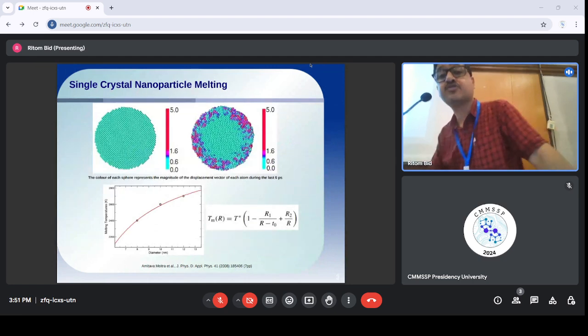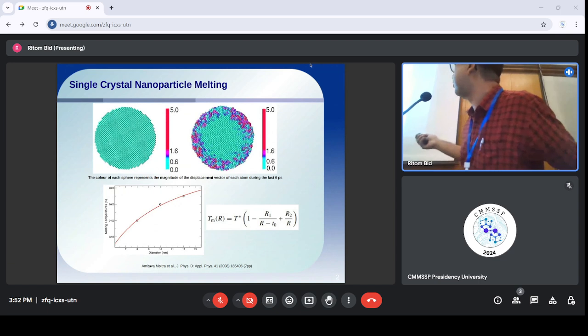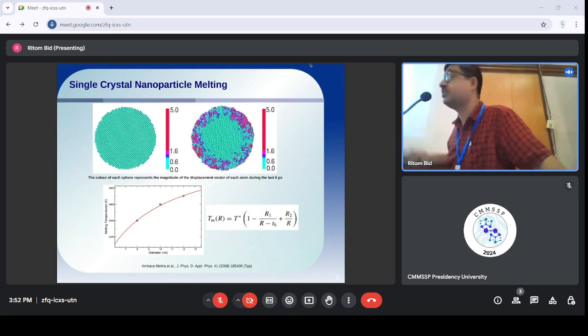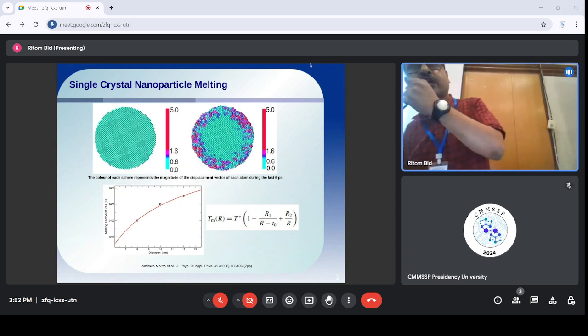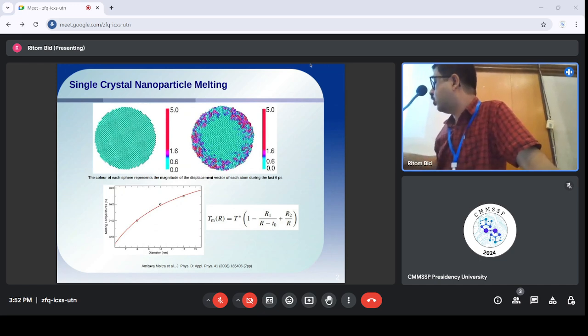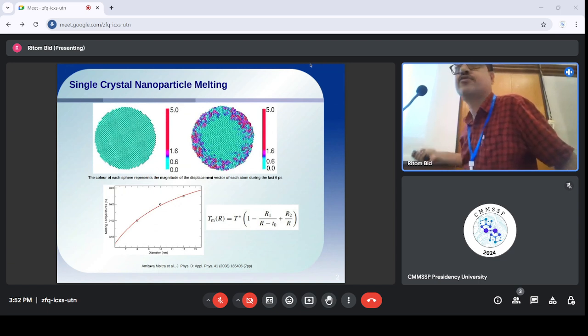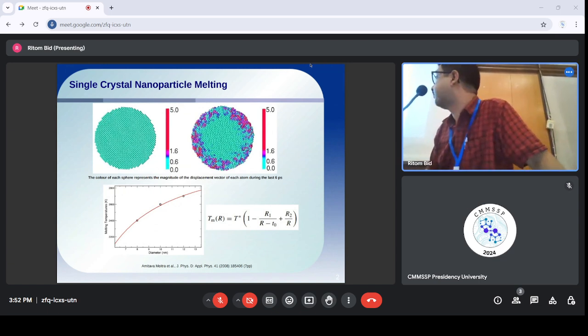So single crystal nanoparticle melting is kind of very old, and I think this is from a 2008 paper. I picked up these pictures for tungsten nanoparticle melting. During that time, or even before that, you would see lots of phenomenological models predicting the melting temperature for different sizes of these nanoparticles.